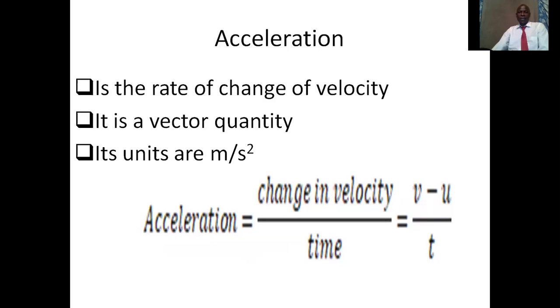It is a vector quantity and it's measured in meters per second squared. So acceleration is equal to change in velocity over time, meaning final velocity, denoted by v, minus the initial velocity, shown by u, over time.